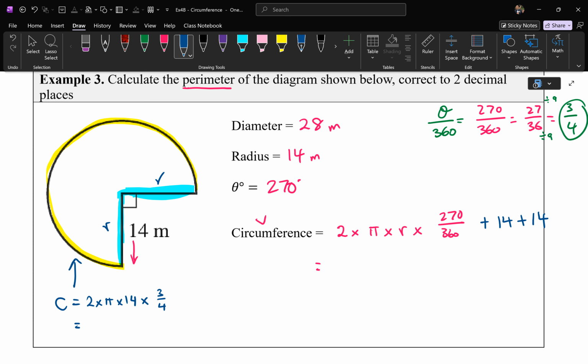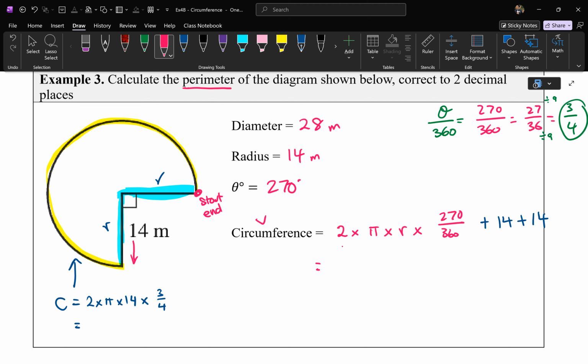Type that in your calculator to get just the curved surface. This formula only gets you the curved yellow bit. Then you've got to add on that blue bit, and the other blue bit to come back to where you started. So if you started here, that's the distance around the shape. I'm going to write here, if I started here, then I better end at that same spot.